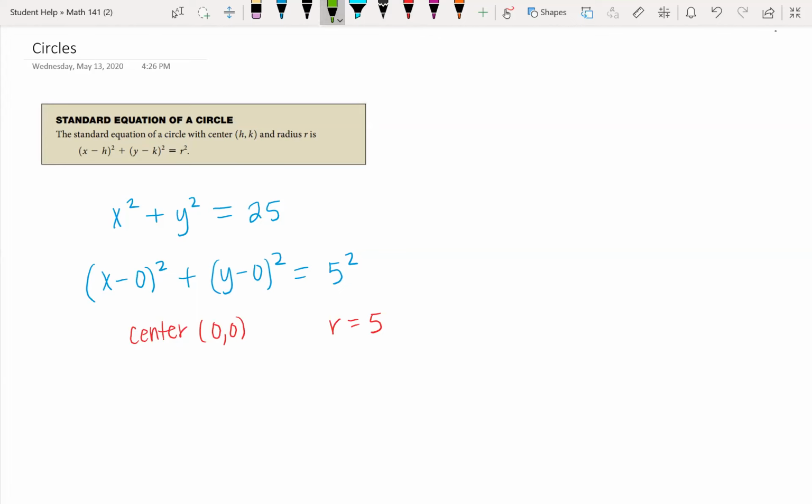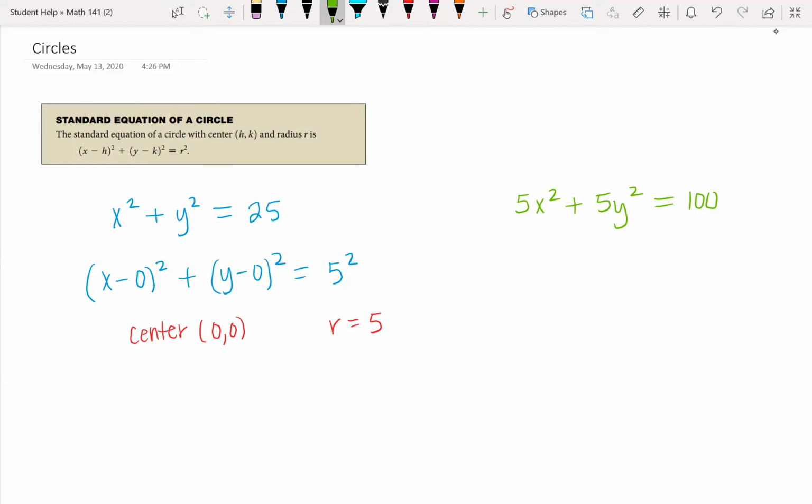Sort of along those same lines, if I had something like, let's say, 5x squared plus 5y squared equals 100, because the two coefficients are the same on the x squared and the y squared, this is also going to be a circle.